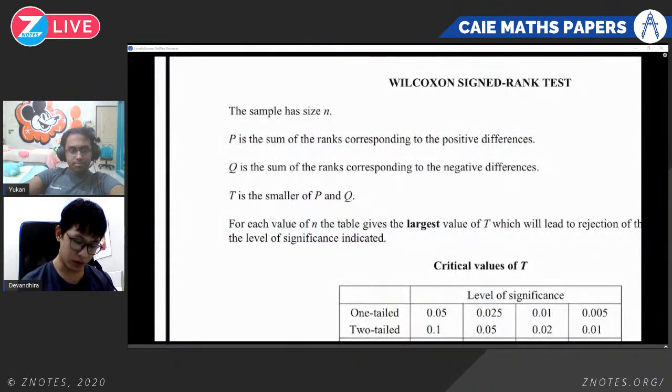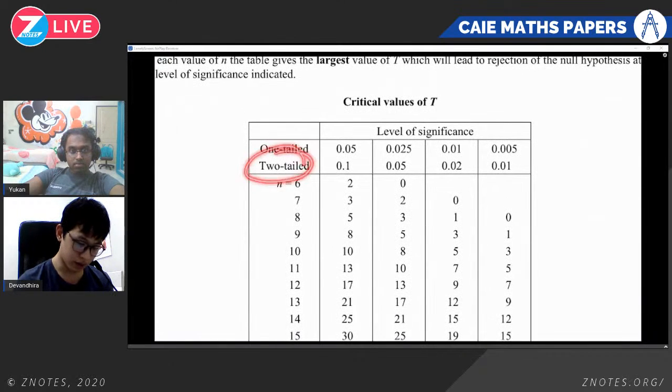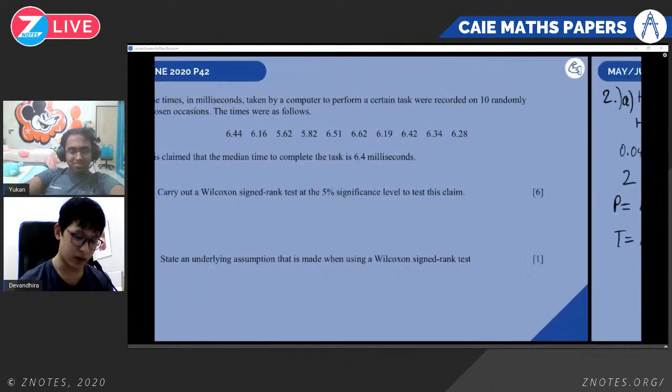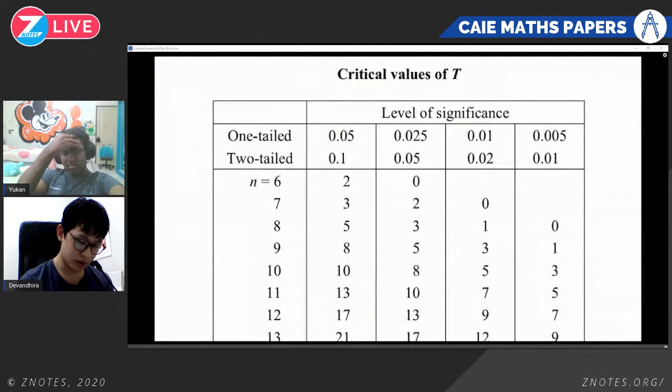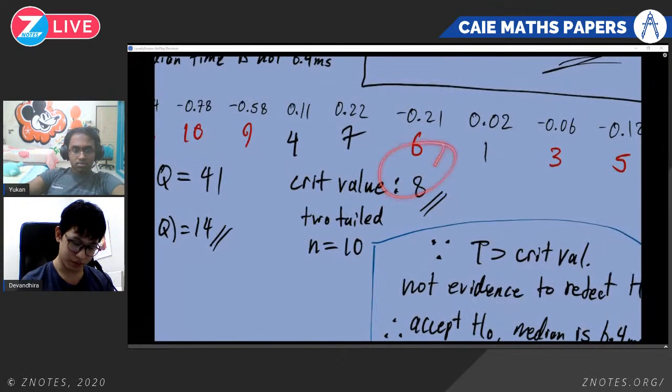Oh, I forgot to mention that it's 5%. So it's two-tailed, 5%, and n is 10. The critical value is 8.